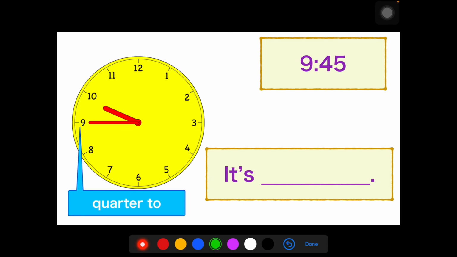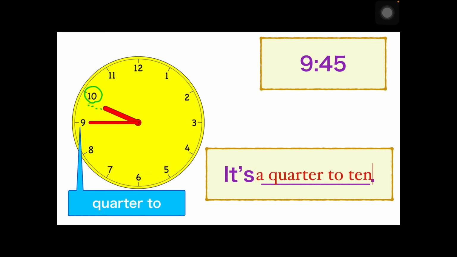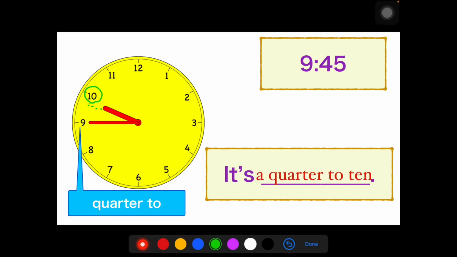Repeat after me. A quarter to. So let's tell it together. It's a quarter to. If we use the word "to," we use this side of the short indicator. So this one is a quarter to 10. It's a quarter to 10.